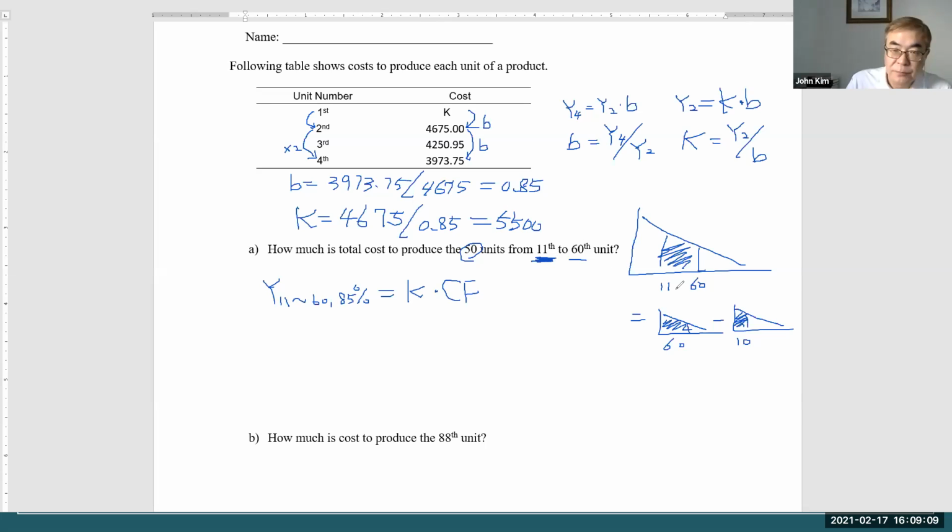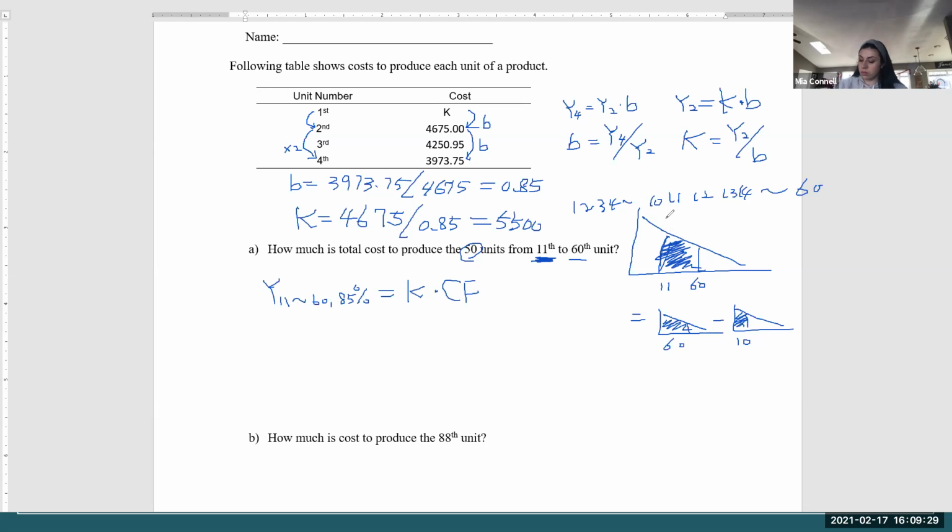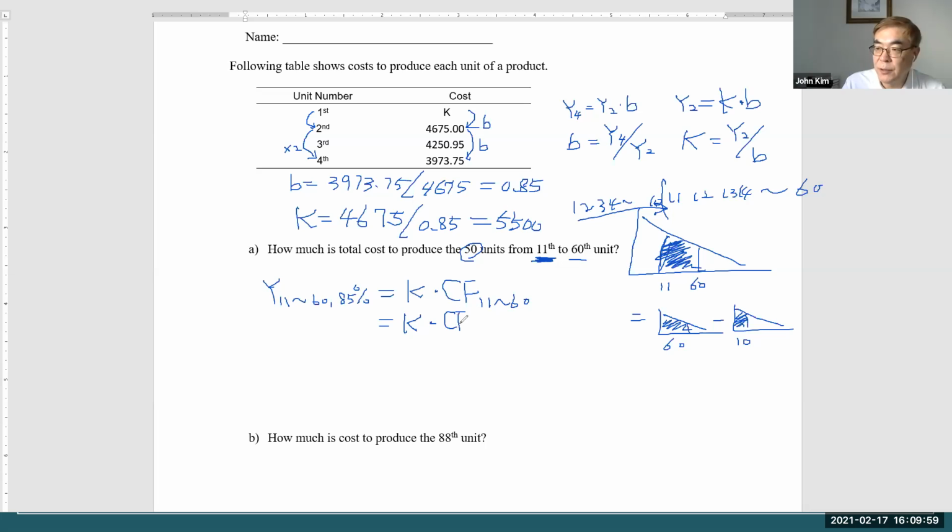From 11, right? 11, 12, 13, 14, up to 60, so from 11 you subtract up to 10. Okay, good. So 11 to 60 equals K times cumulative factor 60 minus cumulative factor 10.